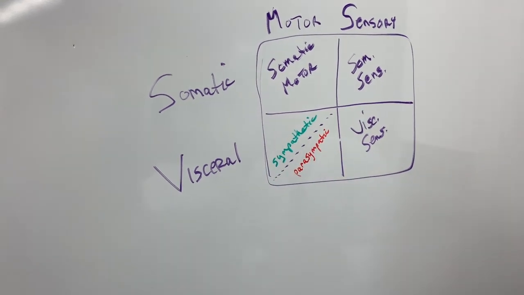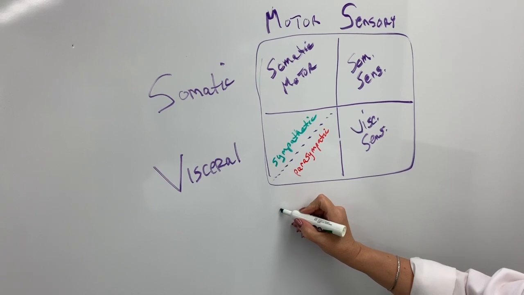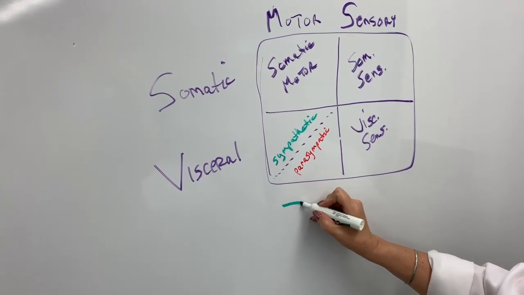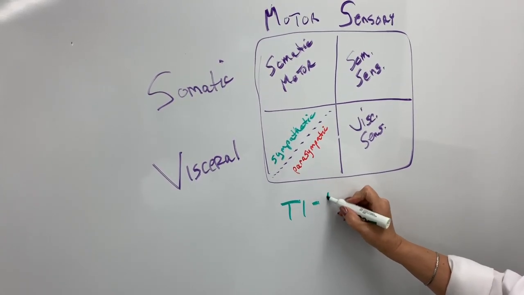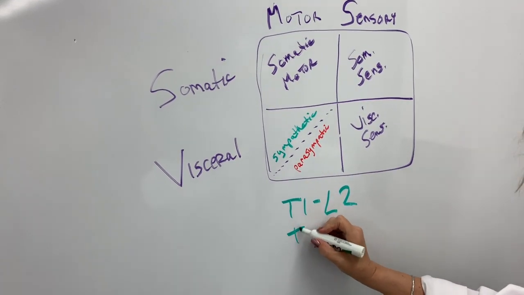Our visceral motor system, the sympathetic, is originating from T1 to L2. This is called the thoracolumbar division.